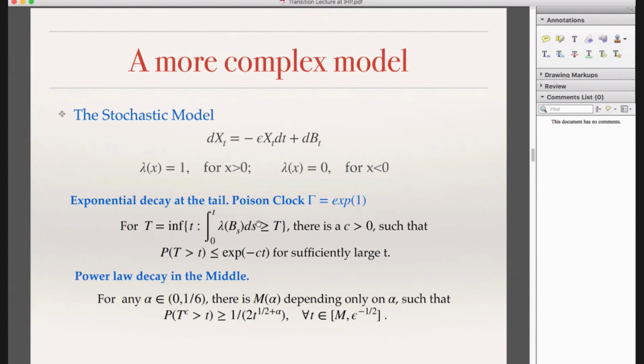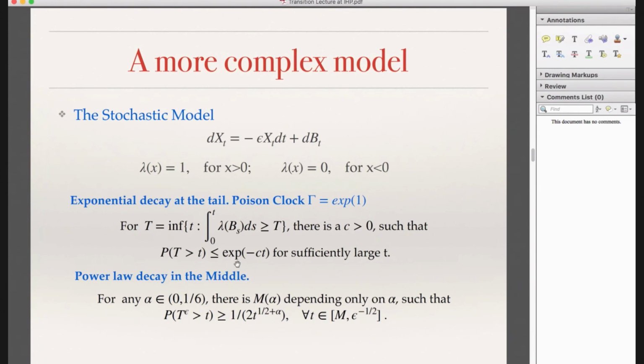By using probability, we are able to show that the probability that the particle waits inside this site for longer than t is less than some exponential function when t is large enough.